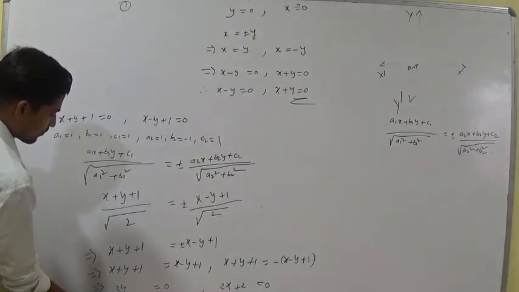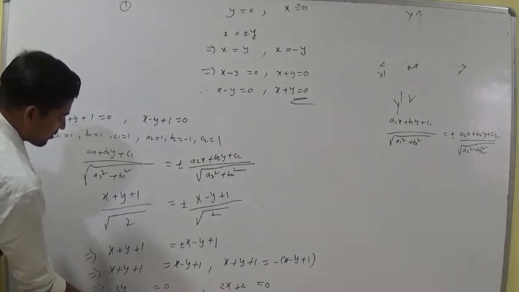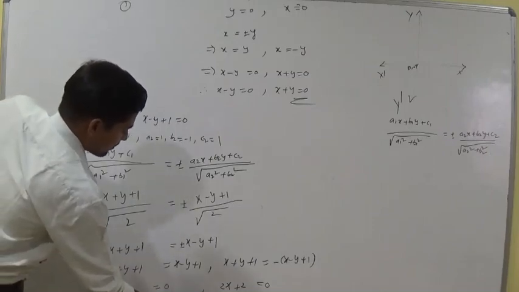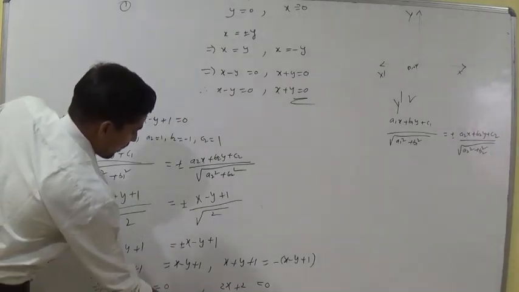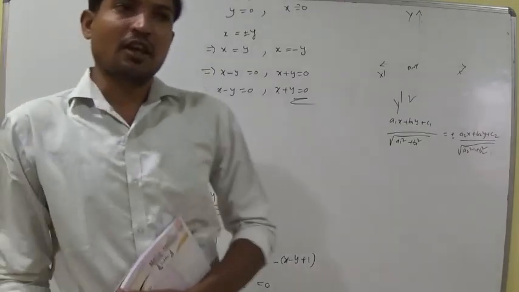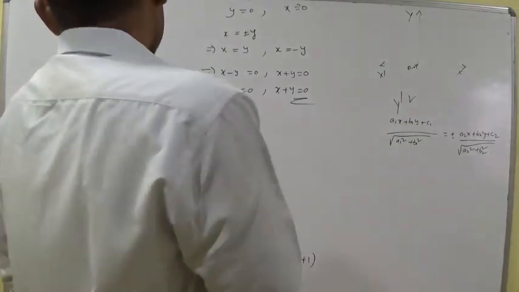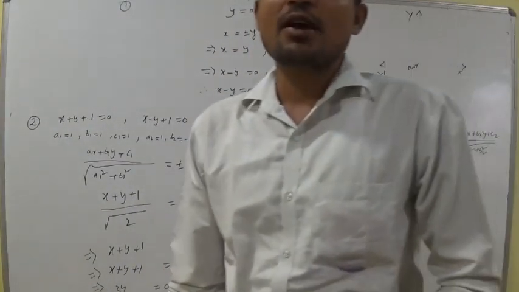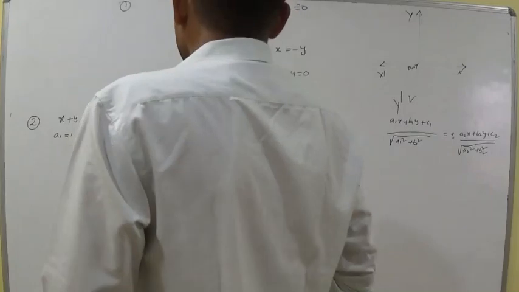Therefore y is equal to 0, x plus 1 equal to 0 are the angle bisectors of the given lines x plus y plus 1 equal to 0, x minus y plus 1 is equal to 0.